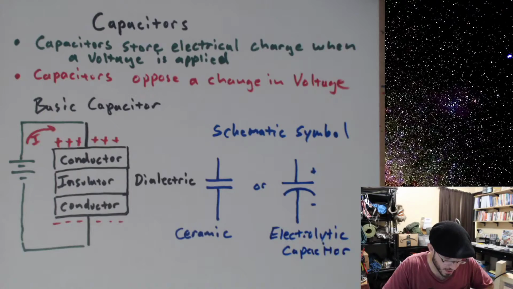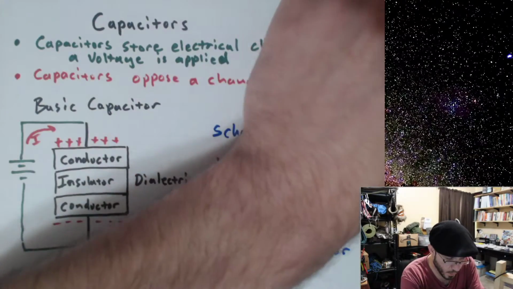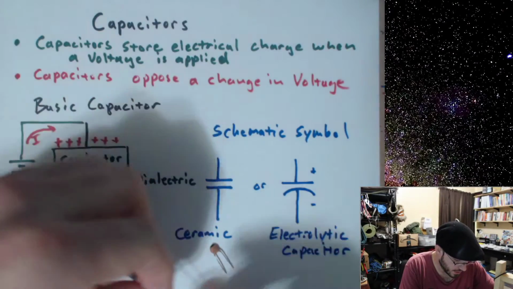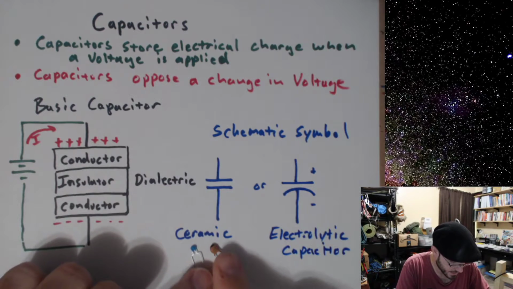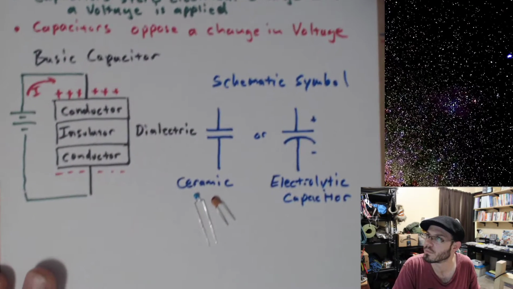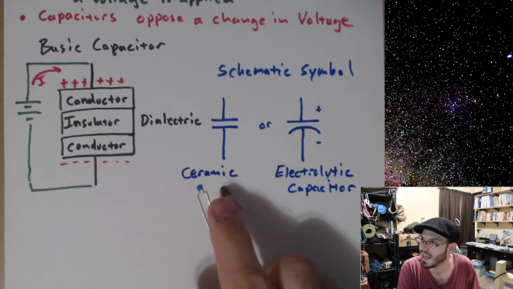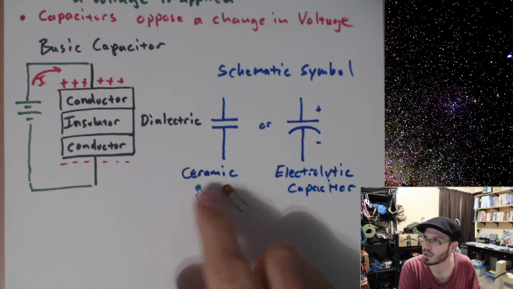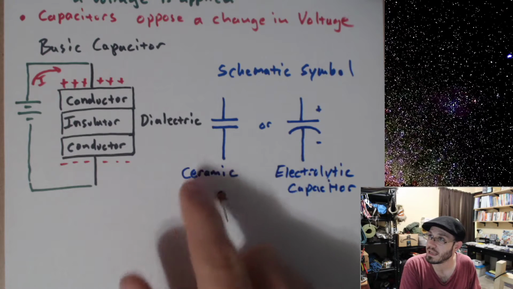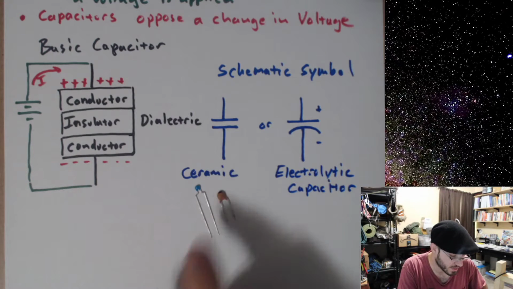Okay, and I have some examples here. So as far as ceramic capacitors, they're going to look like this. Little guys, usually some kind of flat disc, maybe colored, but generally speaking, these are your ceramic capacitors.